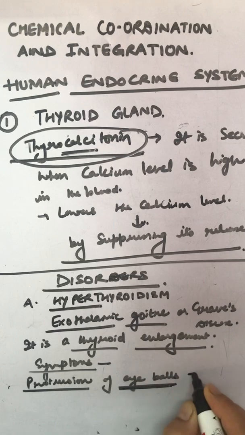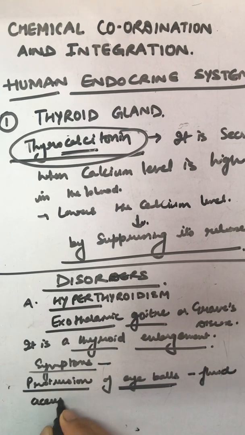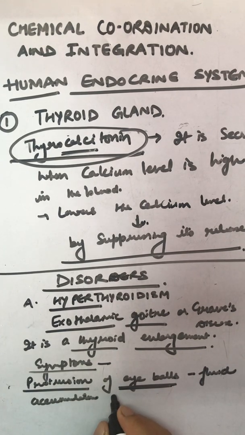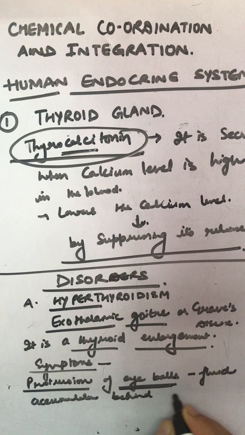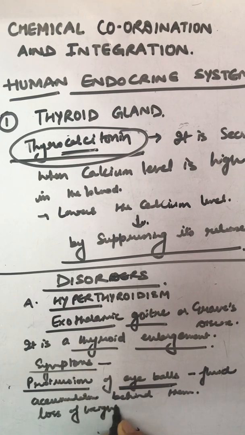When this fluid is accumulated, then automatically the eyes get protruded. One factor. Loss of weight, another factor.